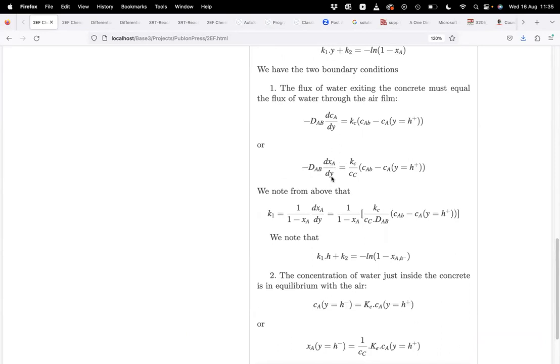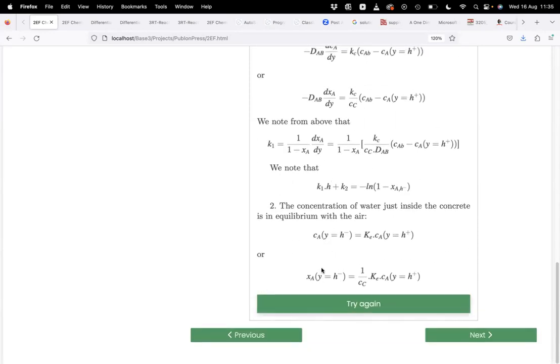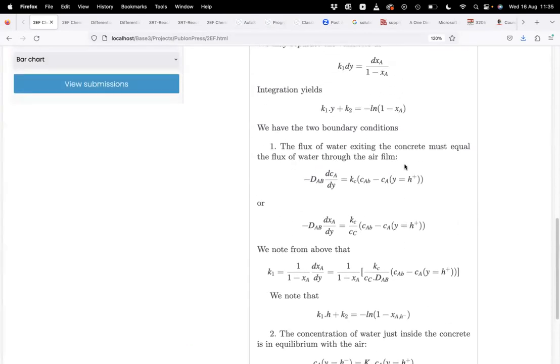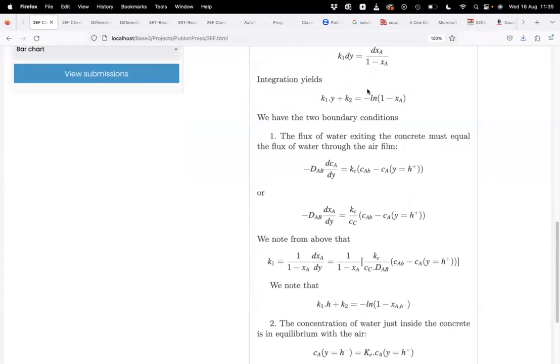The first boundary condition has a derivative in the space variable, and the second has a fixed value. So in the concrete, there's a fixed value for the mole fraction. Those are our two boundary conditions, and we do have this general solution now.